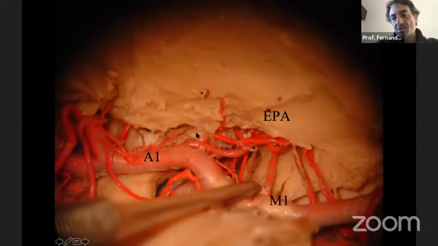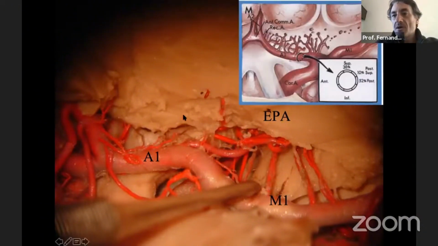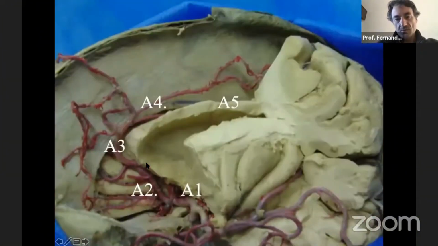This is the territory of the perforator branches of A1. Professor Rhoton taught us that all of the perforators originate from the superior or posterior surface of the anterior cerebral artery. So we can work safely on the inferior or anterior surface of A1 if we need to dissect this area in vascular surgery.